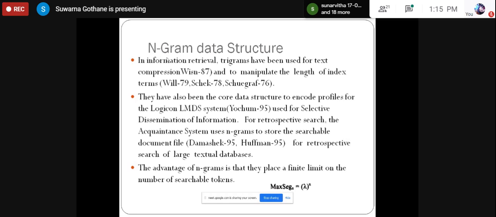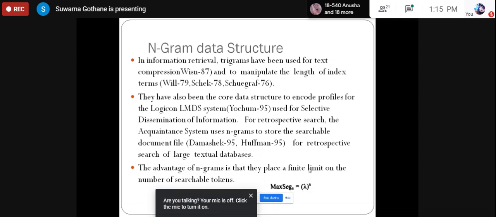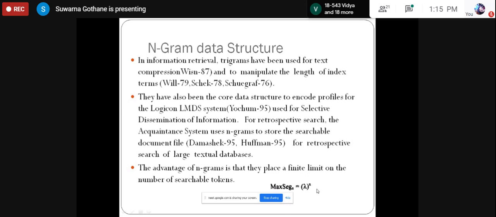n-gram in terms of max segment. How is it going to find or search the token in terms of a finite limit? Finite limit means it can be a gram of one word or one alphabet, or it can be a bigram, or a trigram, and so on. So the maximum segment of n-gram is nothing but lambda to the power n.